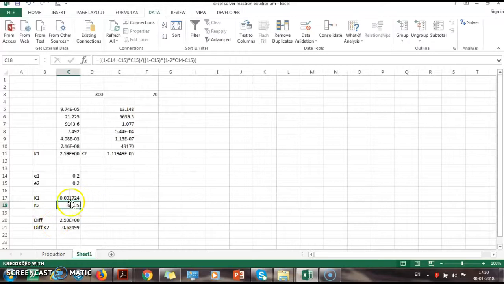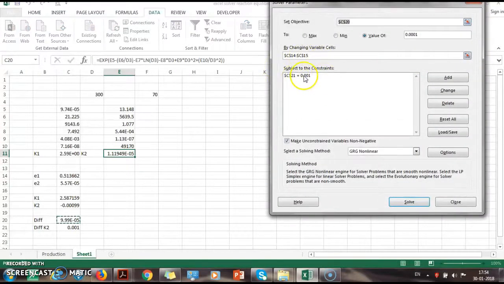Now what I'm going to do with the help of Solver is compare K1 with this K1, which is calculated based on temperature, and K2 with this K2, which is based on temperature, while this one is based on the epsilon. So I already added the data in Solver.